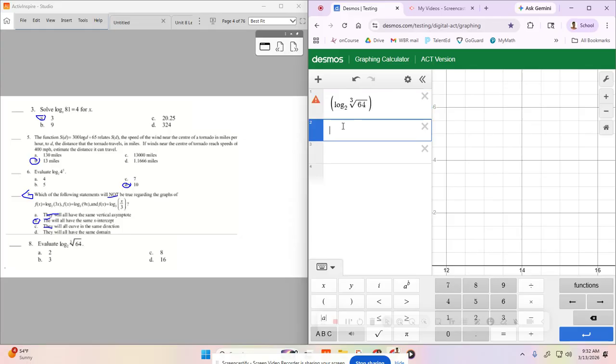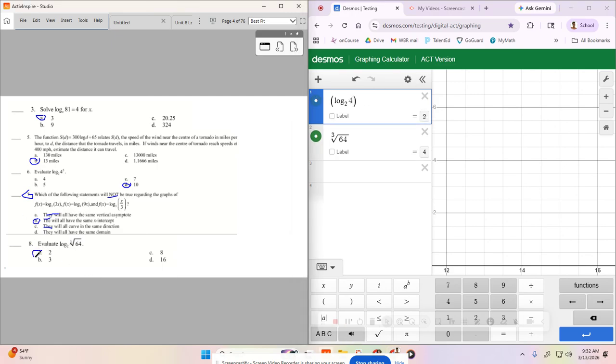Let's just find the cube root of 64 first. So I'm going to copy that. Cube root of 64 is 4, so now let me just put a 4 in here. There we go, it's 2. Okay, so it didn't like it typed in with a cube root of 64. So in a second line, you can do the cube root of 64, which is 4, and then substitute the 4 in its place. Then you get your answer, which is 2.